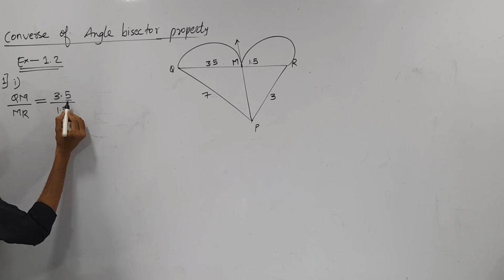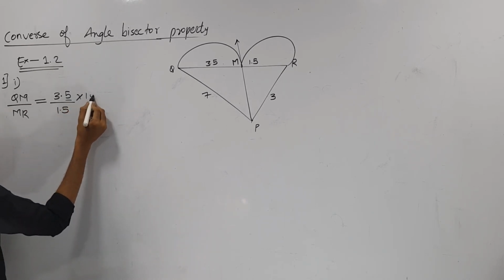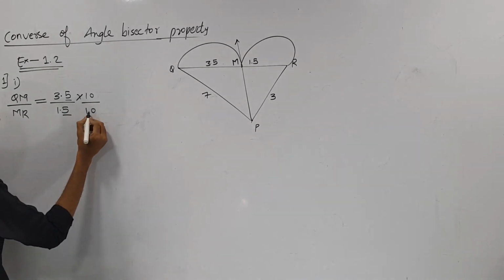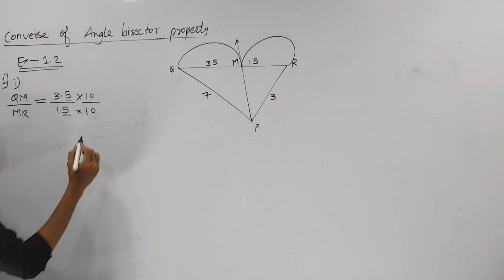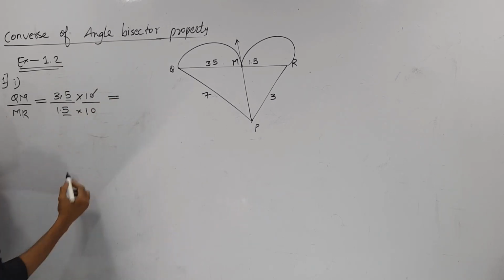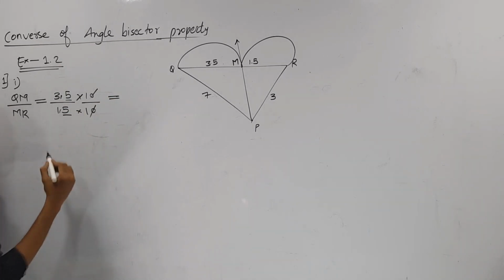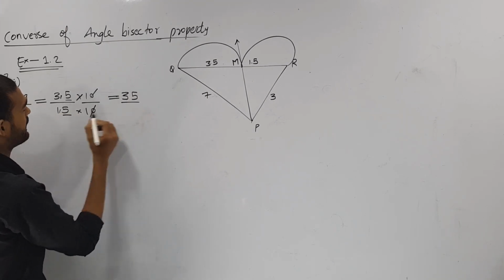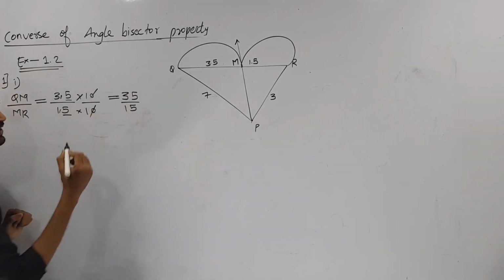Decimal after 1 digit, so I will multiply by 10. Here also decimal after 1 digit, so again multiply by 10. The decimals cancel. So we got 35 upon 15.